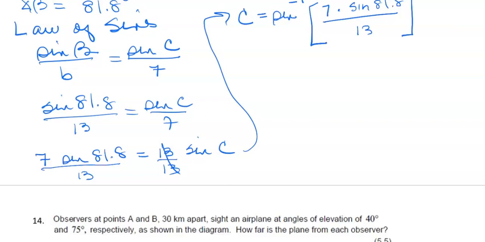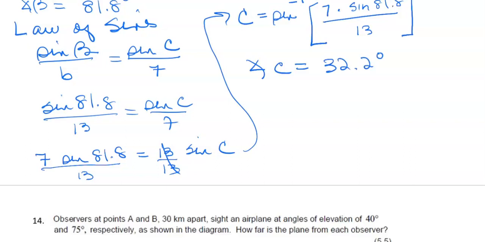So I say second sine, and then alpha y equals, and in the numerator I say 7 times the sine of 81.8, and then in my denominator I have the number 13. Close those little parentheses, and hit enter, and you should be getting that angle C equals 32.2 degrees.